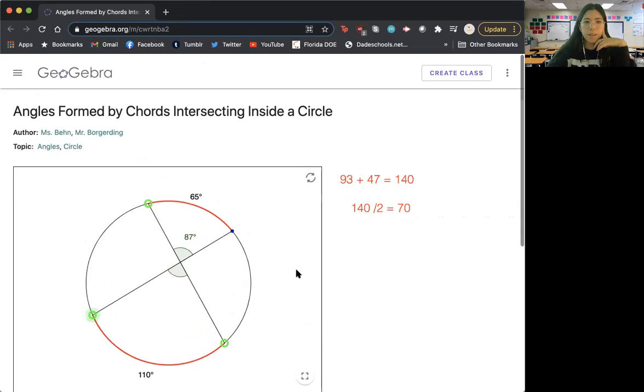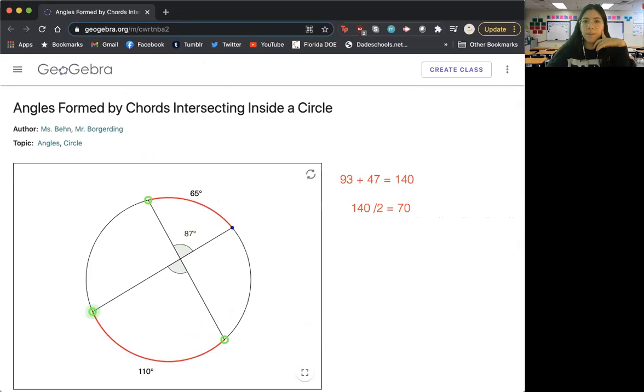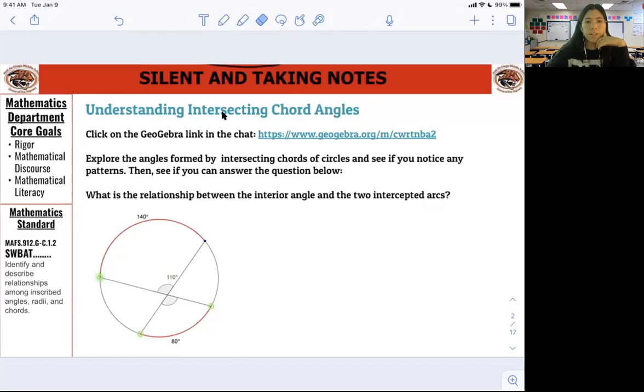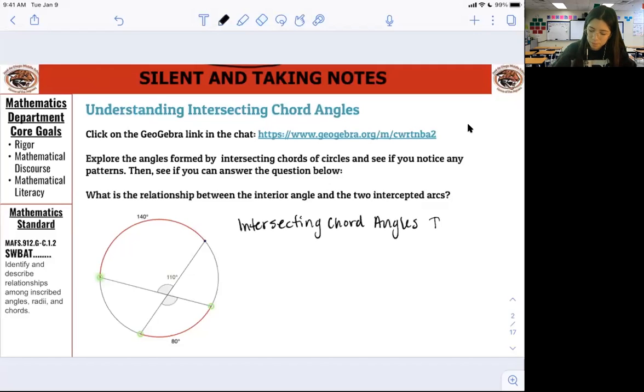And so that is called, we'll go back to my other screen. That is called the intersecting chord angles theorem. So let me go ahead and write that down. Intersecting chord angles theorem.